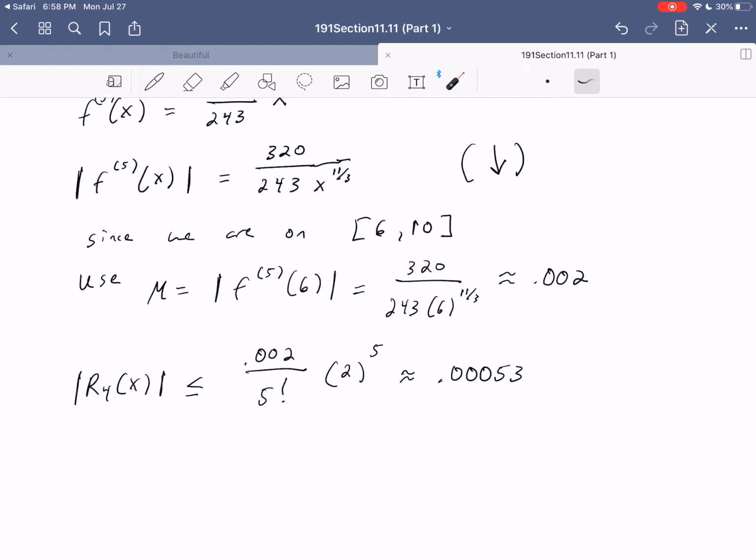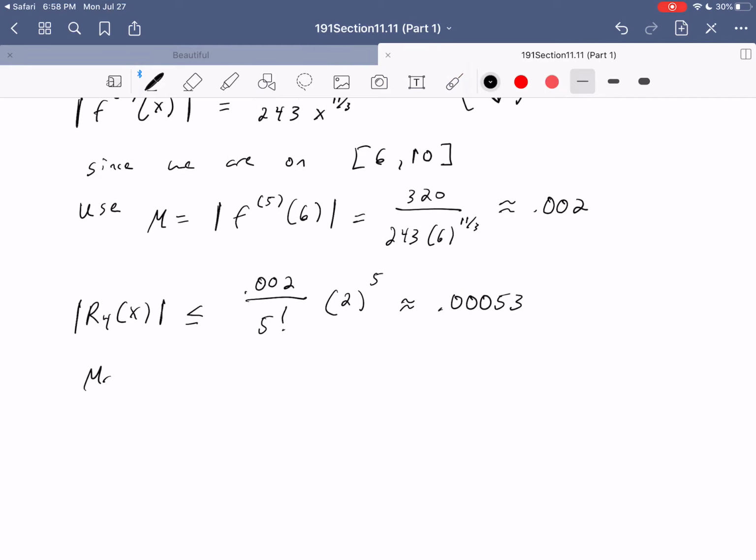So we use that T4 to estimate anything like 6.5 to the 4 thirds or 9.8 to the 4 thirds or any value we like between 6 and 10 to the 4 thirds. We know that the error is going to be no more than 0.00053. It could even be less than that, but it will certainly be no more than 0.00053.